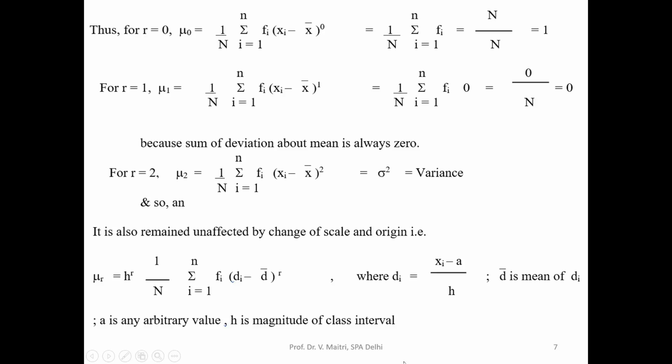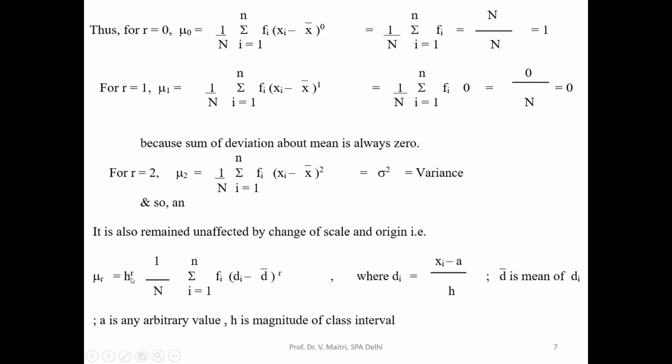It remains unaffected by the change of origin, though not of scale, as we have seen in various calculations, and by changing the scale and origin it simplifies our calculation. That is the most important part.